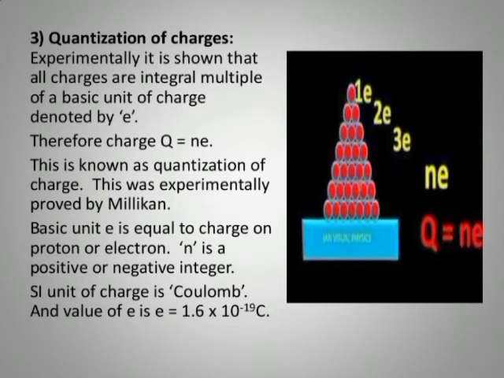And coulomb is the SI unit of charge. So if I consider q = n e, it tells you about the quantization of the net charge on an object, on a particle, and this is called quantization of charges.